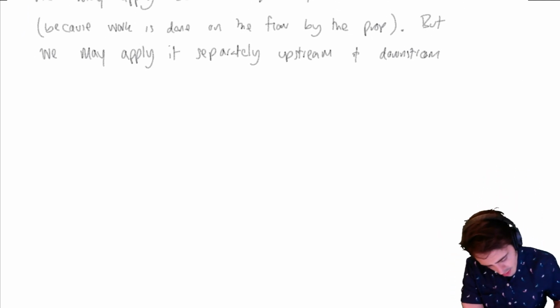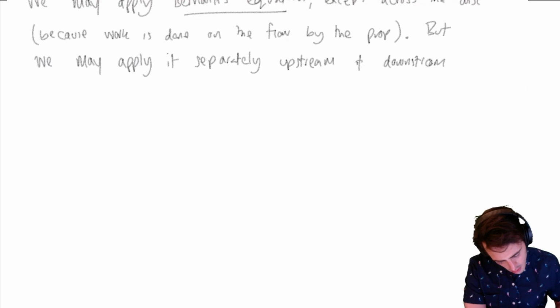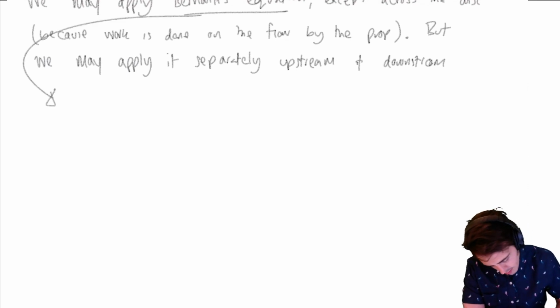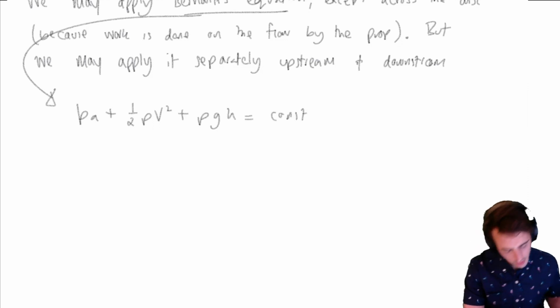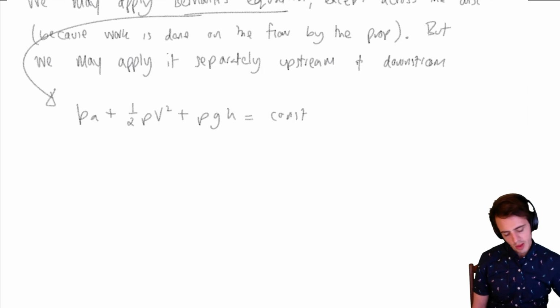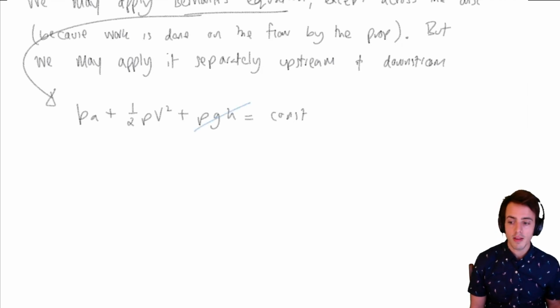Okay, so we're going to remember how Bernoulli's equation works. We've got P plus a half rho V squared plus rho g h is constant. Now for our purposes, we're just going to disregard this last term.